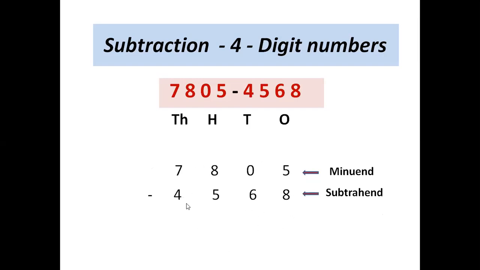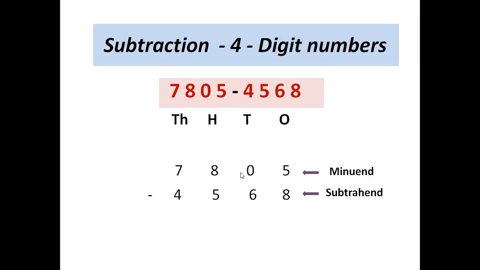Now let us start with our subtraction. 5 minus 8, we have to start from the ones place value, the smallest place value. Can we subtract 8 from 5? No, because it is a larger digit. So 5 has to borrow from the higher place value, the tens place.